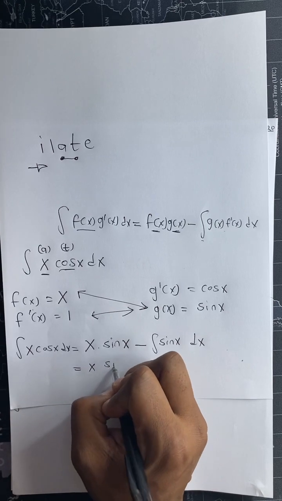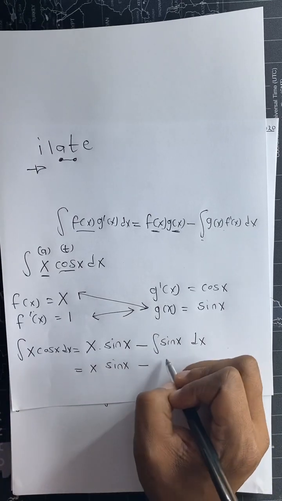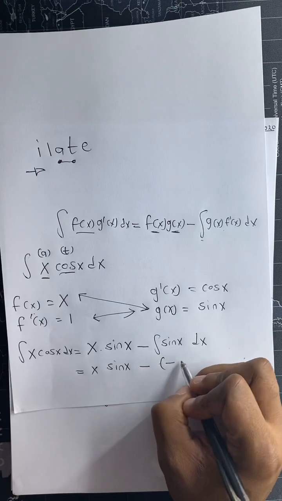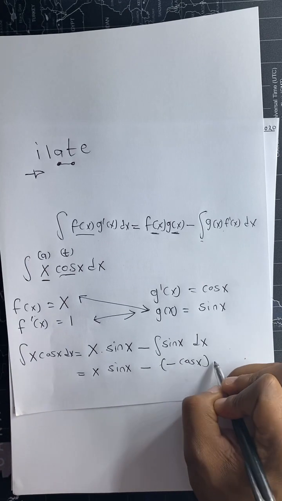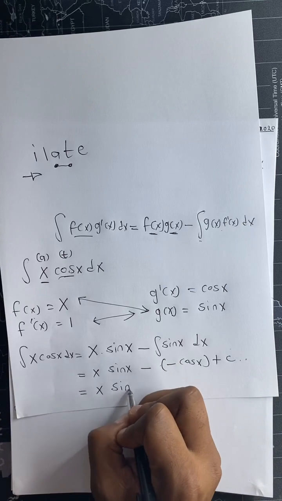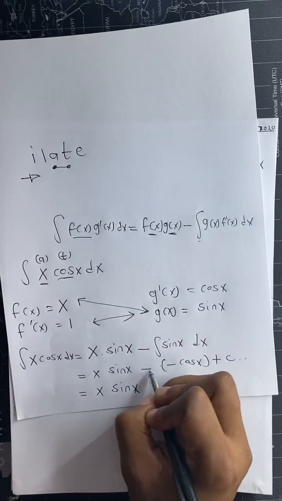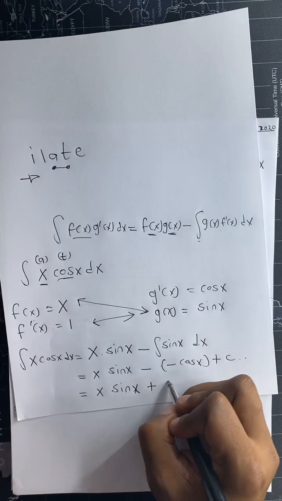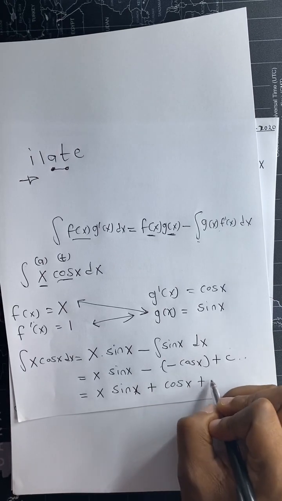So x sin x minus the integral of sin x, which is negative cos x, plus c. So negative multiplied by that negative will be positive cos x plus c.